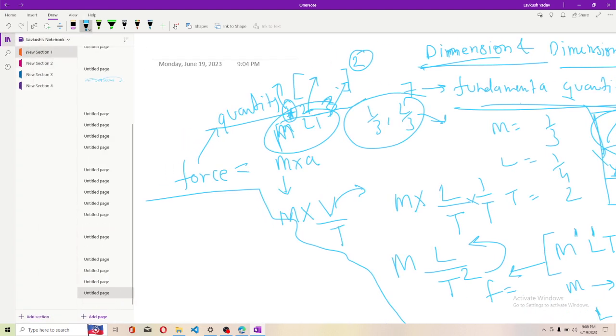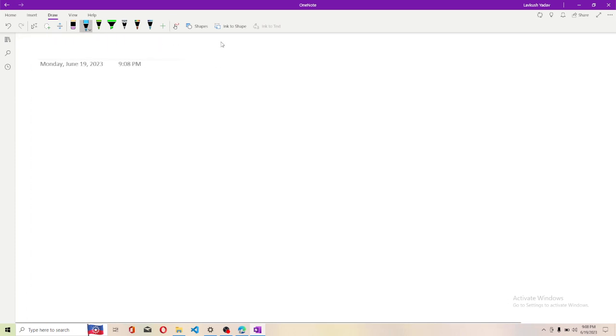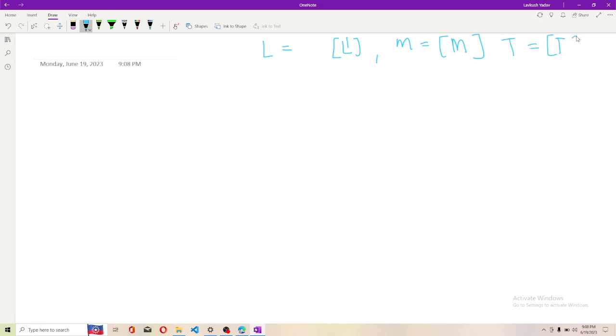For finding the dimensions, you have to know the formula first. Like if we talk about energy, we have so many dimensional formulas. Suppose we start from length. Length is having dimensional formula L raised to 1. I'm just writing the first seven fundamental quantities. Mass is having capital M. Time is having capital T, and temperature is having theta.